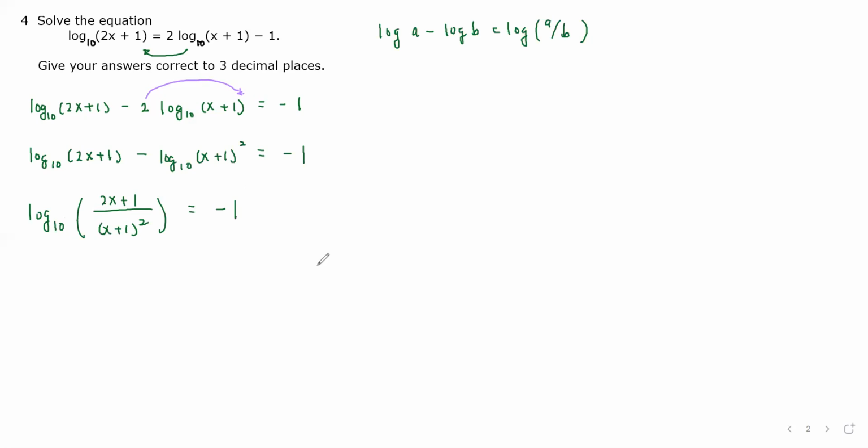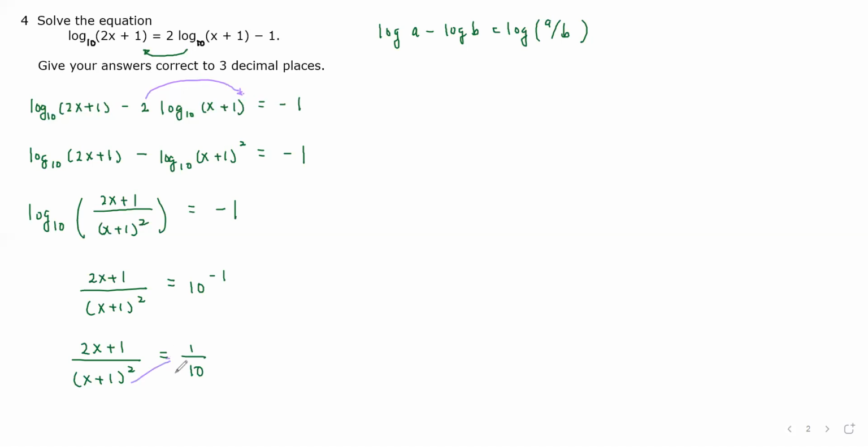Take anti-log now. 2x plus 1 over x plus 1 squared is 10 to the negative 1. 10 to the negative 1 is 1 over 10. We can write 2x plus 1 over x plus 1 squared is 1 over 10.